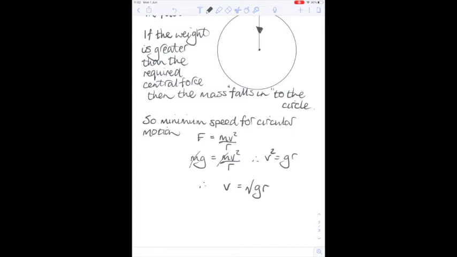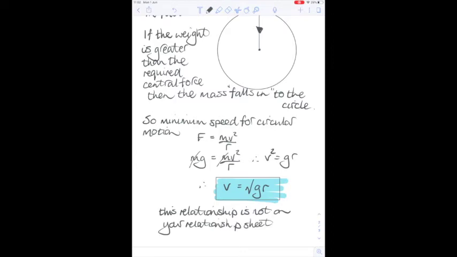Now that equation is not on your relationship sheet, but it is a very useful relationship that you should be familiar with. You should be able to show where that comes from. Minimum speed is the square root of gr.